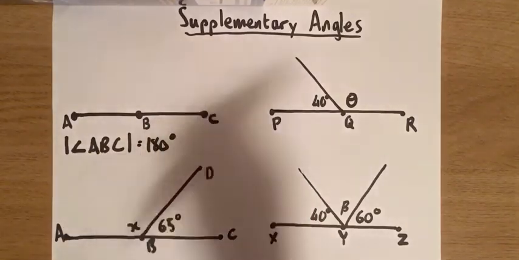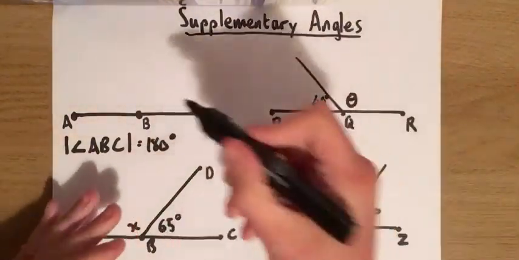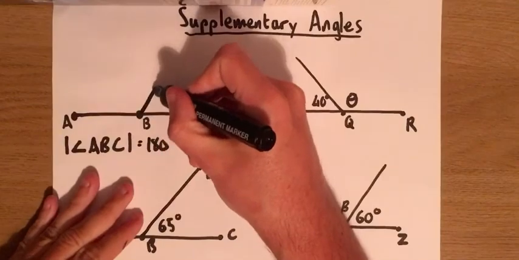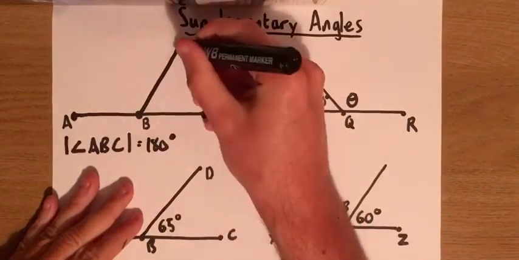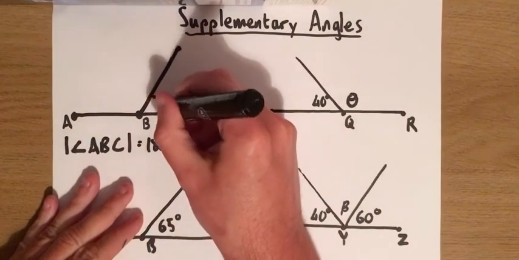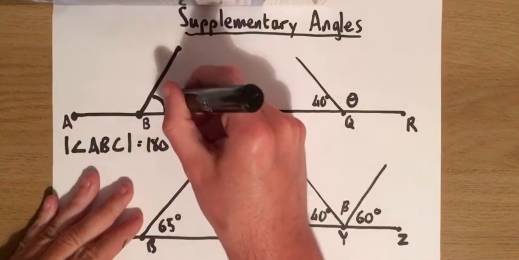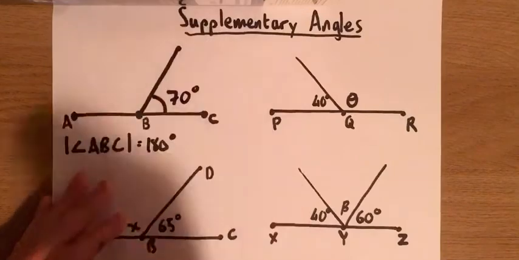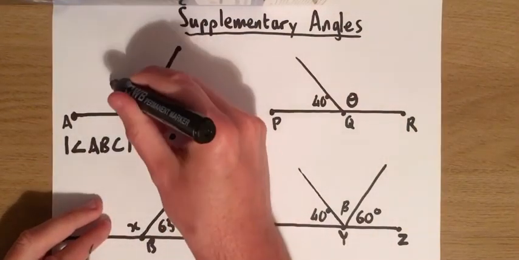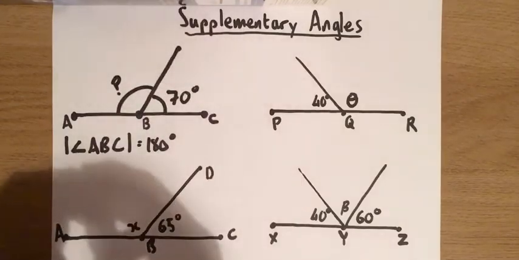All right, it is what we call a straight angle. Now what if I was to draw, say, another line segment in here, and I was to tell you that this angle here is 70 degrees. How big would this angle be?